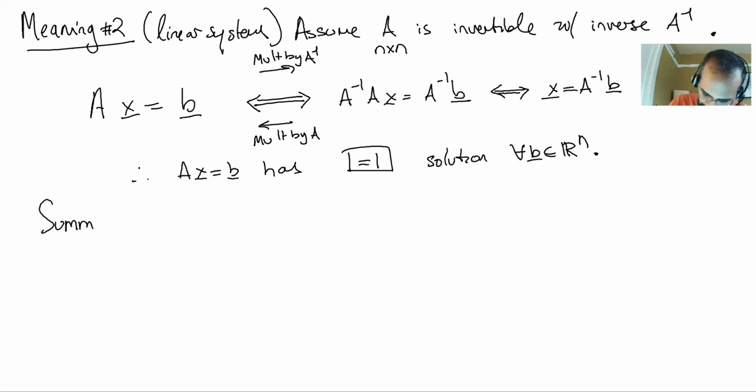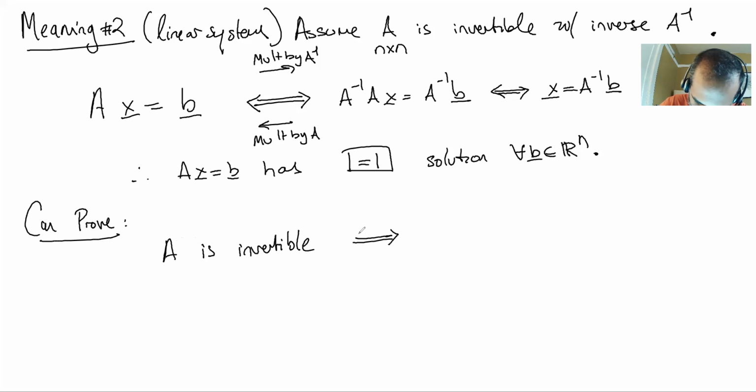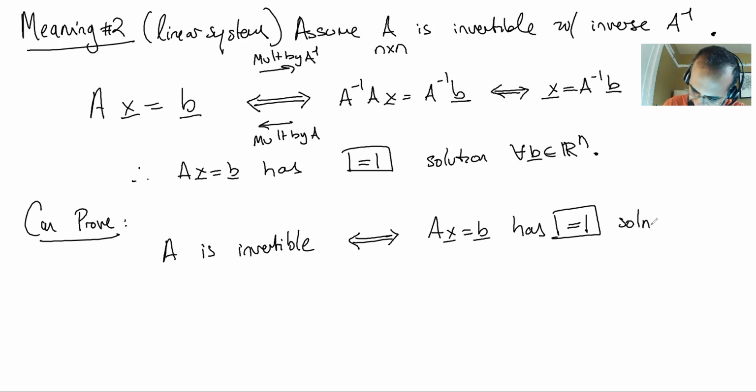So what's the summary? Or I mean, it's not a summary. In fact, you can prove, and we'll see this later in the lecture, that A is invertible if and only if AX equals B has exactly one solution for all B in Rn.